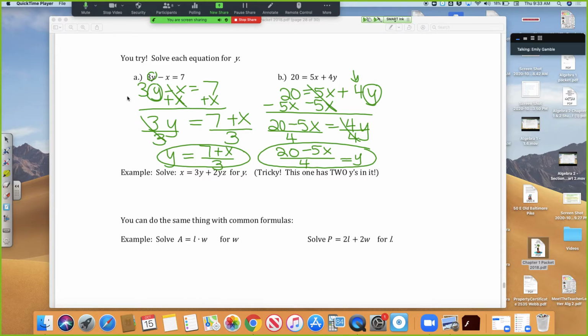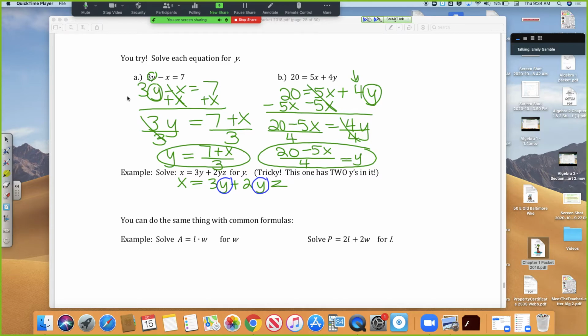All right, the next example is definitely more tricky, because if we're looking at this, we have x equals 3y plus 2yz, and we're solving this thing for y. I have a y here, and I have a y here.